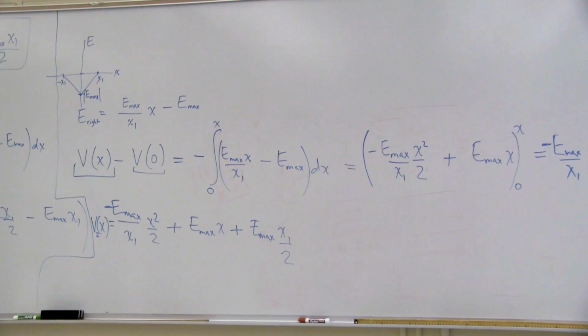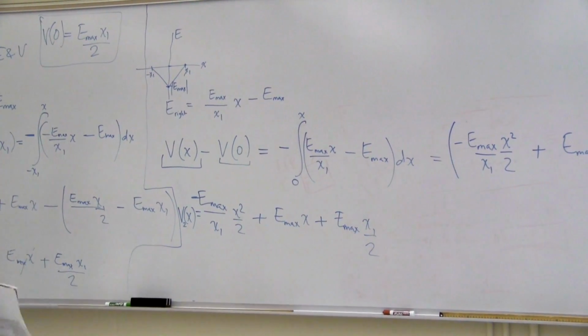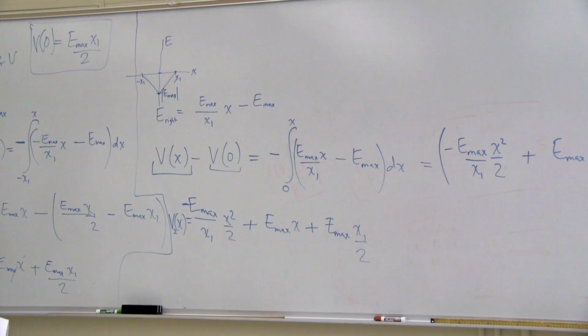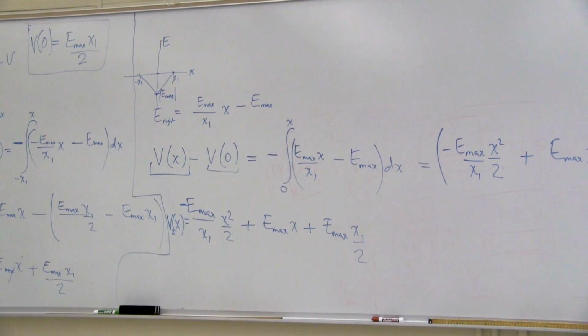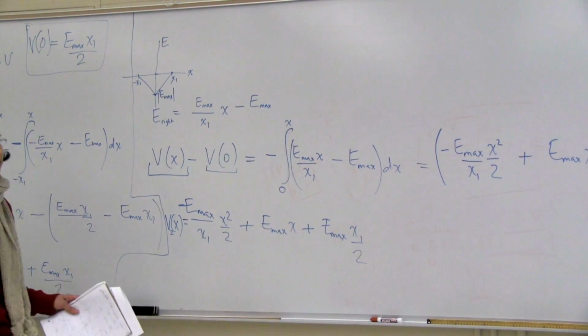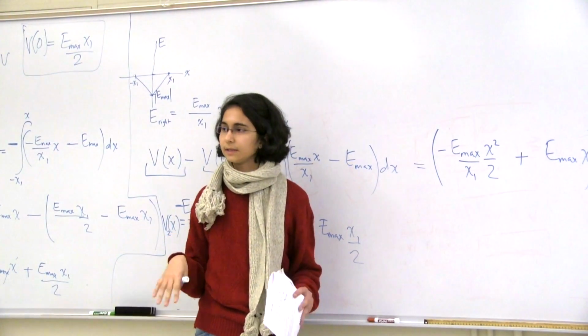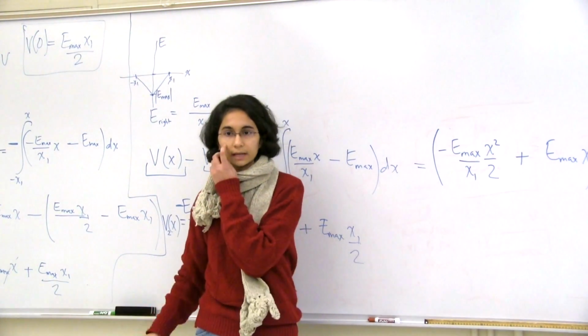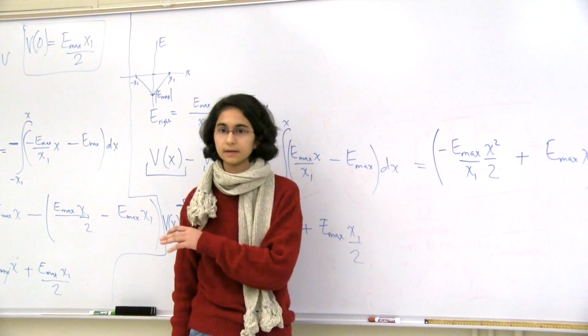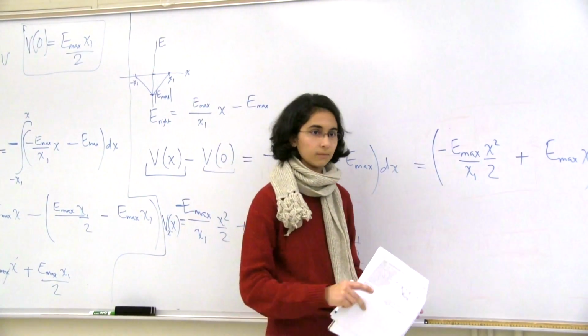Now, sorry, I forgot to mention at the beginning, we also have to draw a graph for V of x. The way you can think about it is, we did some problems in class where we were looking at E versus x graphs and making V versus x from them.